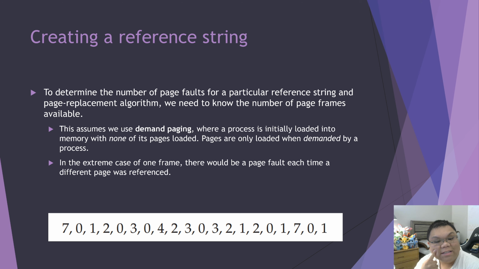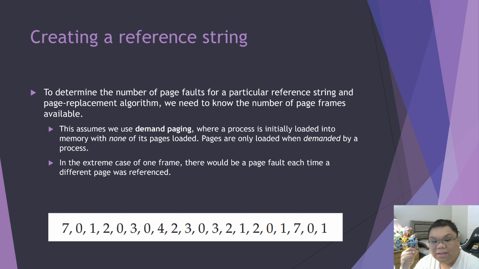So the reasoning is, if we give a process more page frames available, then we would have fewer page faults. In the extreme, we would have a page frame for every page.